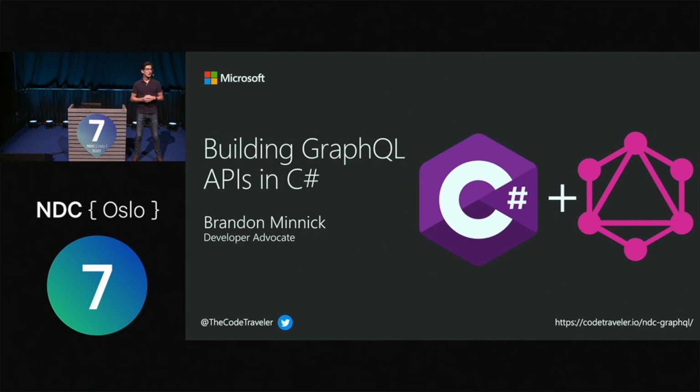So just by joining me today and hanging out in this session, we are literally at the forefront of this GraphQL movement in C# and .NET, and truly will be the leaders on our teams and our communities helping to get these started. Because, like I said, the .NET community hasn't really embraced GraphQL yet, but we will.